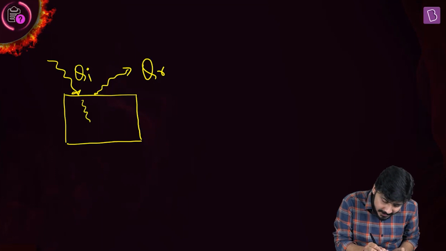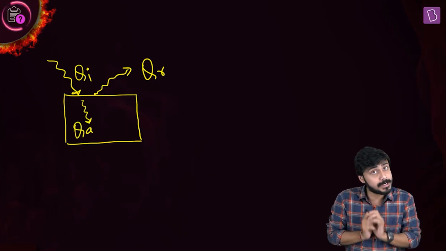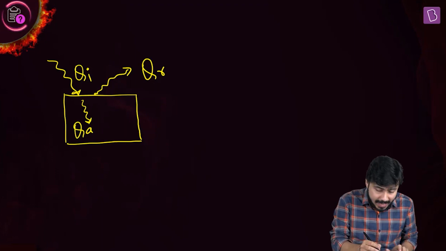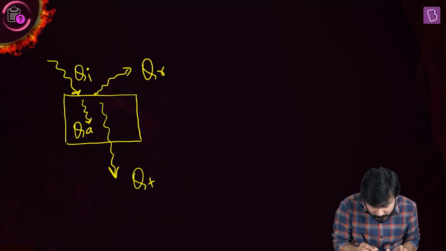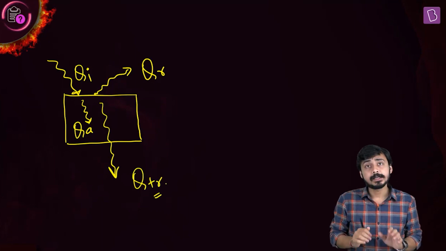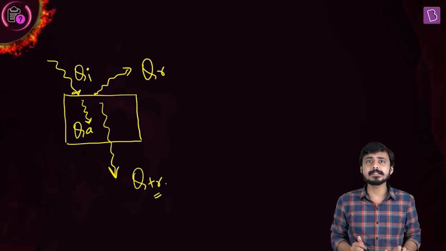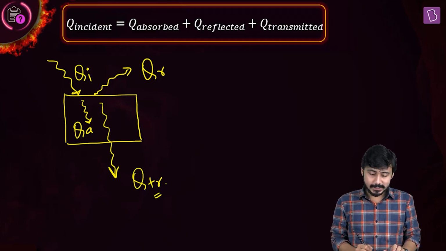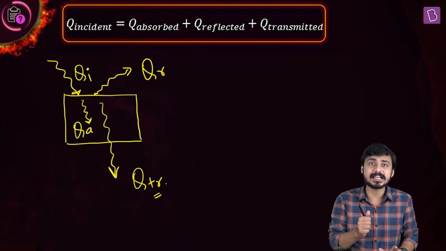A part of it may get absorbed, let's say QA. QA is the amount of absorbed radiation out of QI, and then a part of it may get transmitted, QTR, let's say. It's the transmitted part of radiation out of QI. Now, energy conservation says Q incident is equal to Q absorbed plus Q reflected plus Q transmitted, right?